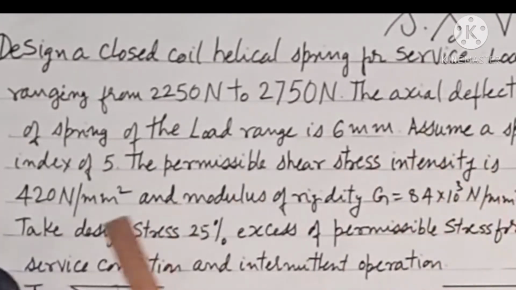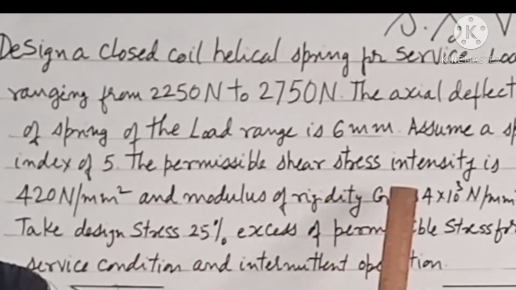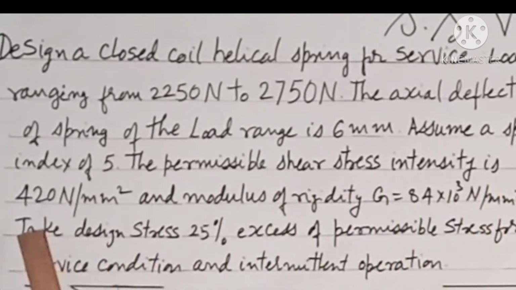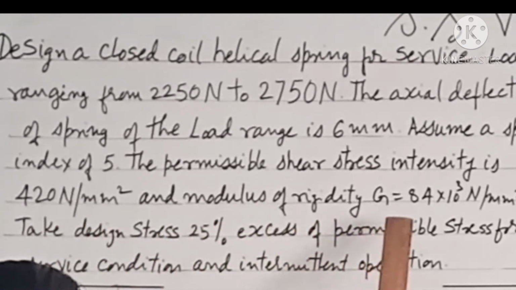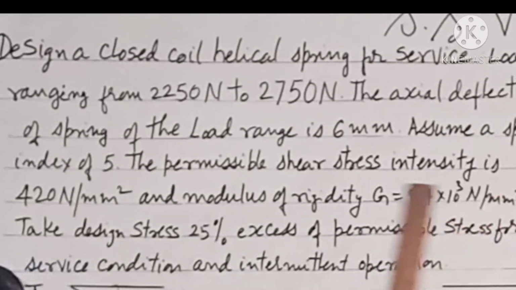Assume a spring index of 5. The permissible shear stress intensity is 420 Newton per millimeter square and modulus of rigidity G is equal to 84 into 10 raised to 3 Newton per mm square.